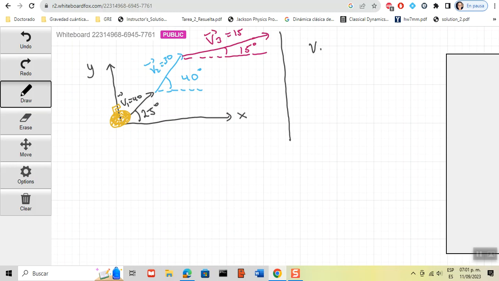So the first displacement that the submarine does is of 40 kilometers, to the right, with an angle of 25 degrees. Then, after he gets to that point, he has to go upwards a little bit. And he does a second trajectory of 30 kilometers to the right with an angle of 40 degrees, right?